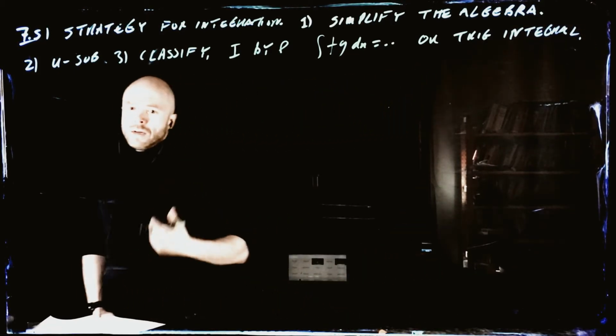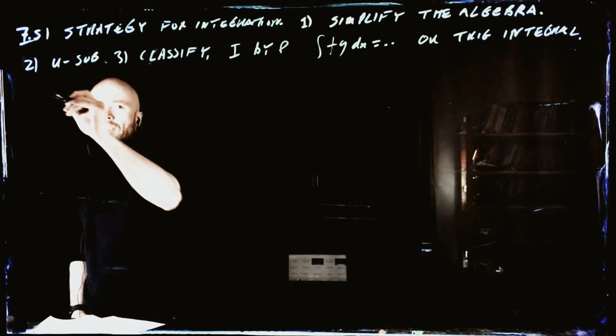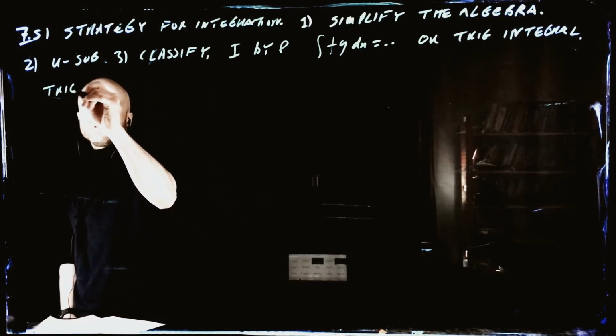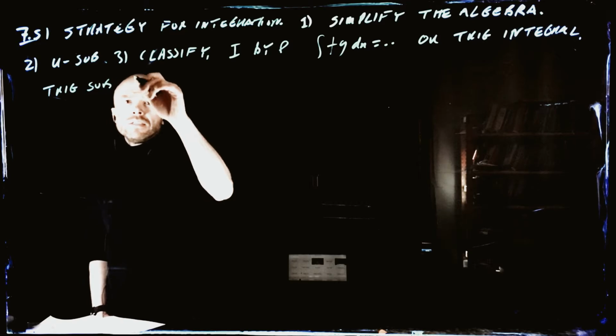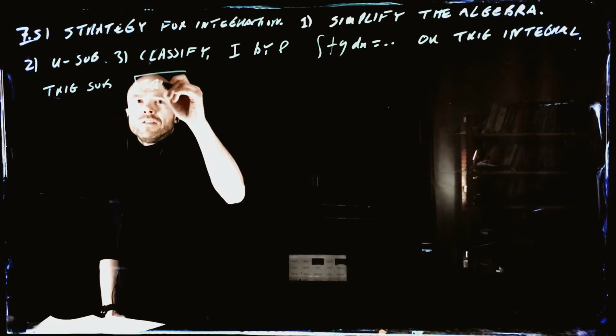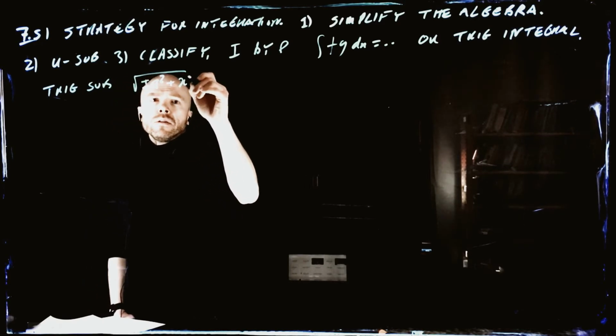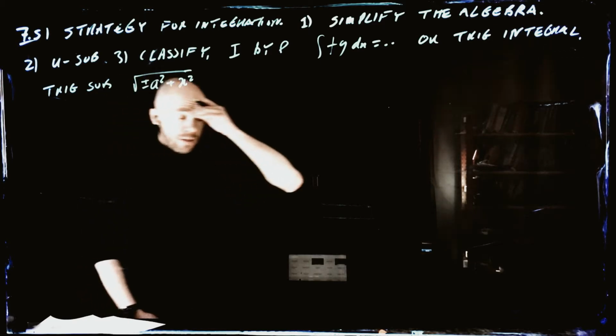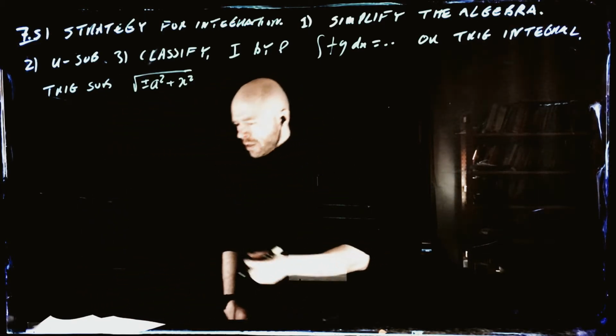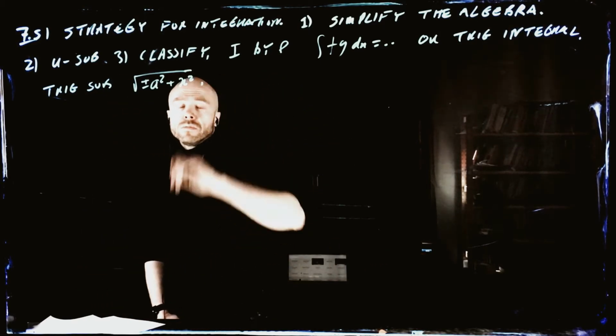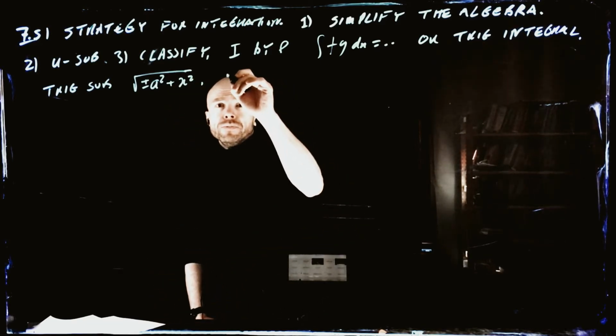It could be something that requires a trig substitution. You could be looking at something which has somewhere inside it something like this, where it can't be done by doing a U sub. It could be a rational function.